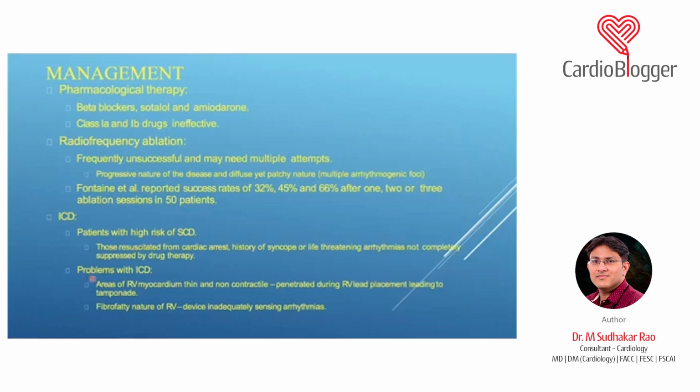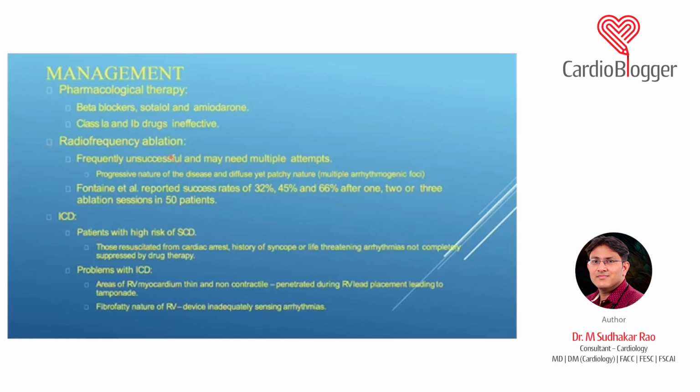Now, after receiving ICD, radiofrequency ablation is usually not successful because the RV is diffusely involved. You cannot go and ablate all those areas. So first therapy remains the ICD. Only if the patient continues to have VT on top of ICD, then radiofrequency ablation can be tried. Otherwise, the success of radiofrequency ablation is less in this group of patients.